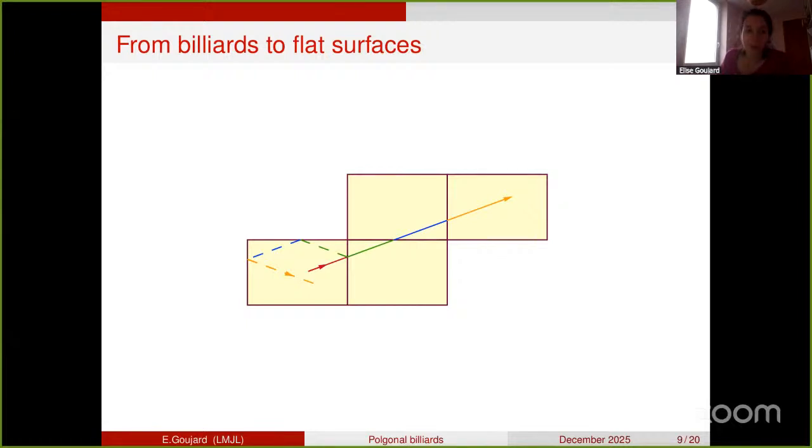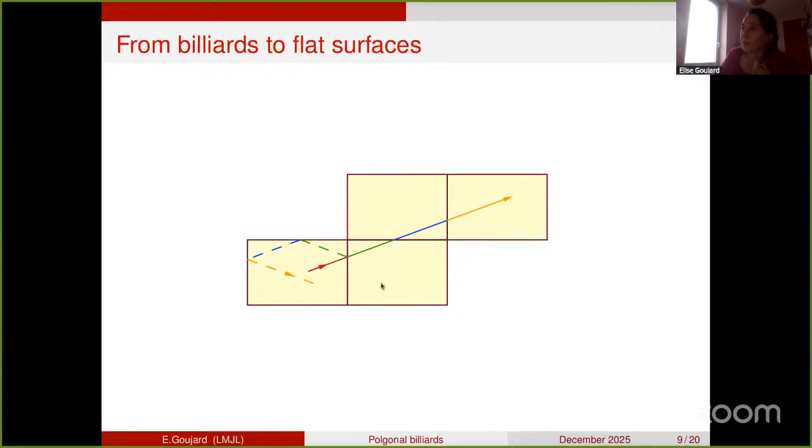But okay, this is for the rectangle that tiles the plane, so everything is fine. But what about the other polygons? Instead of just continuing unfolding forever and ever, you can observe that the number of directions that the trajectory takes is just finite because the angles are rational. Here, in this case, the trajectory takes only 4 directions.